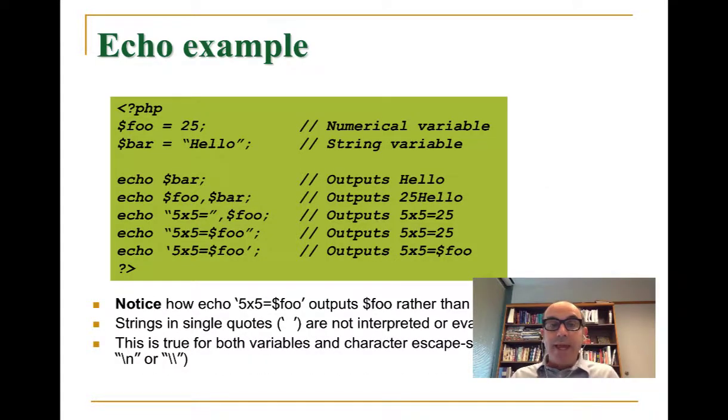So here is an example, and notice how it echoes 5 multiplied by 5 is equal to $foo, and this is how we pass these arguments using echo into other variables or other components.